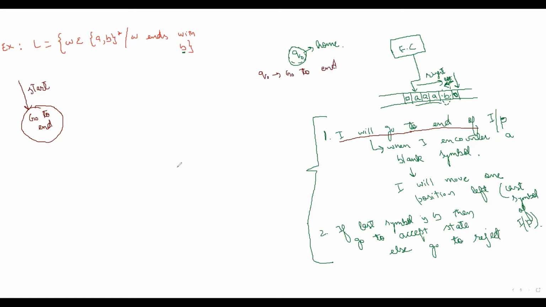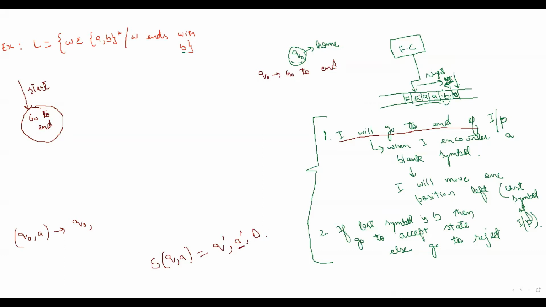So on Q0, if A comes, or whatever comes, I will move to the right. Whatever is coming, I will remain in Q0. And what should I rewrite? You know that the transition function of a Turing machine is like this: Q dash, new symbol to be written, and direction. So here I am saying that if I am in Q0, I will remain in Q0 and I don't need to rewrite anything here.